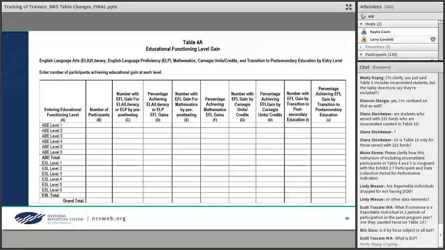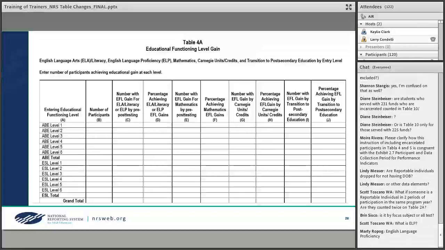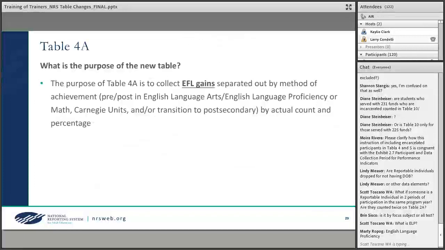The Carnegie unit gain, you report in G, and entering post-secondary, you report in column I. So all MSGs are recorded for every individual participant. This is just a table that lets us see individually all the MSGs that are obtained during the course of a year by an individual. And that's the point of this table.